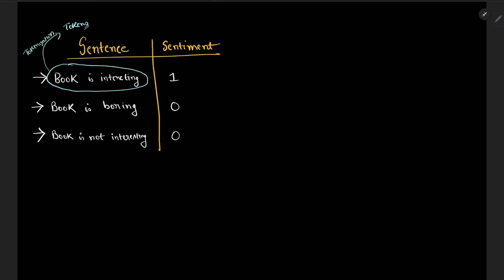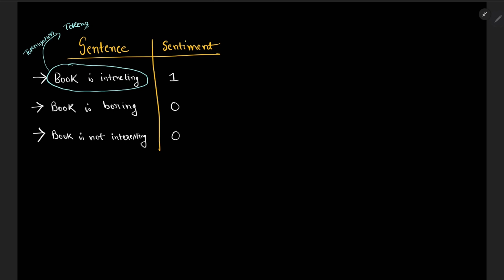Suppose I am using word-wise tokenization, then this sentence will be split into separate word-wise tokens. Book is a token, is is a token, interesting is a token. So there are 3 tokens.